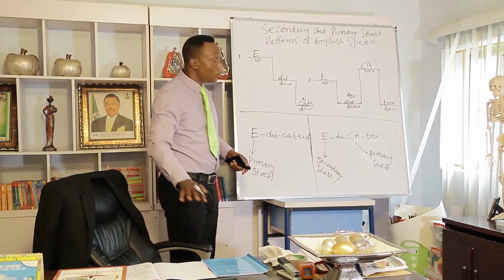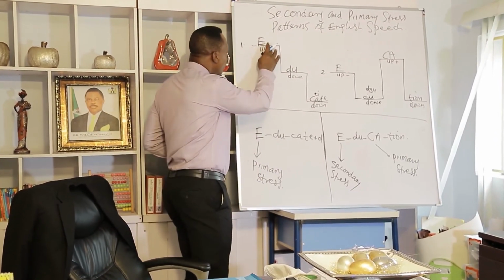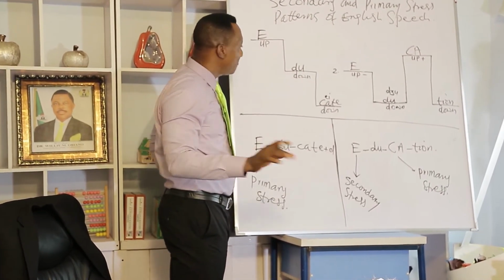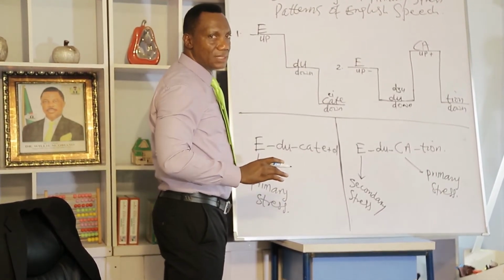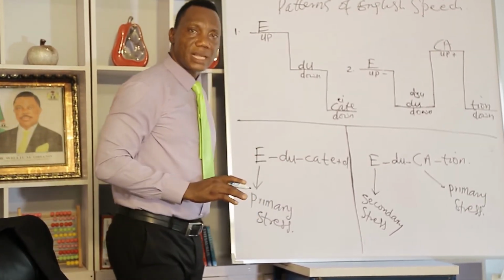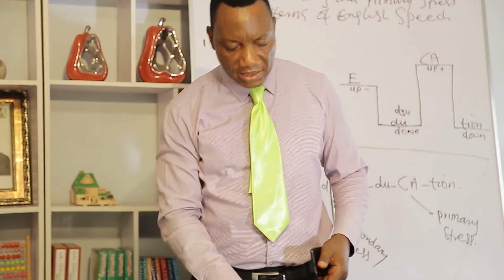So after this, we'll come to the board again and do words of three syllables that have their primary stress on the second syllable. That time we'll do with that first syllable and do with the second syllable. So let's sit down.